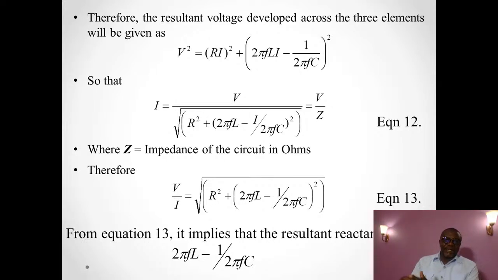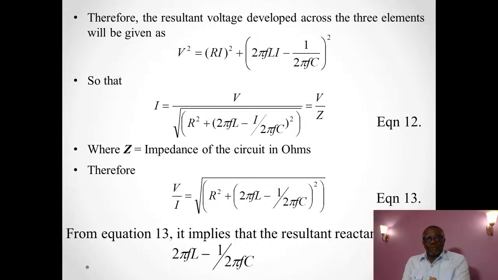So we call that the impedance, and it's represented by the letter Z. So from equation 12, V over I will be equal to the square root of R squared plus the reactance squared.